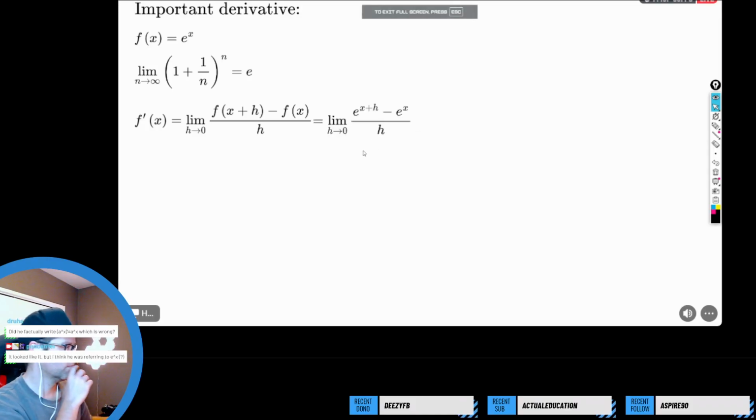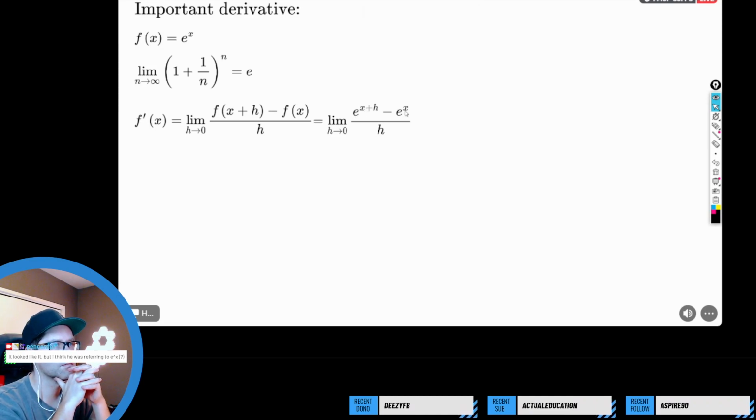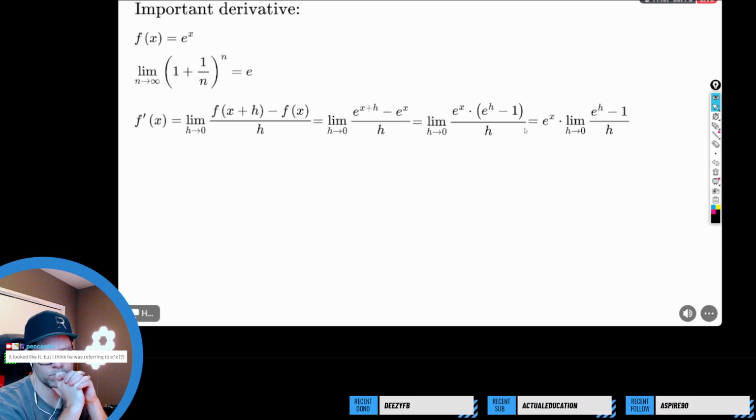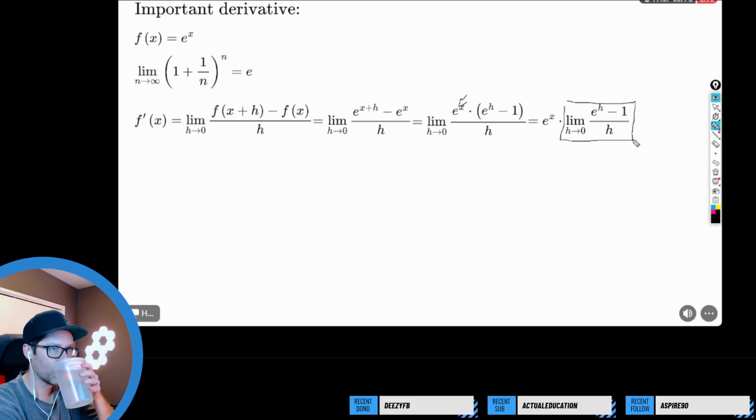Now, if we open it, we can see that e to the x appears in both of these, so we can just factor it out. Now, because h doesn't appear in e to the x, we can take it out. So now all we need is to find this limit.